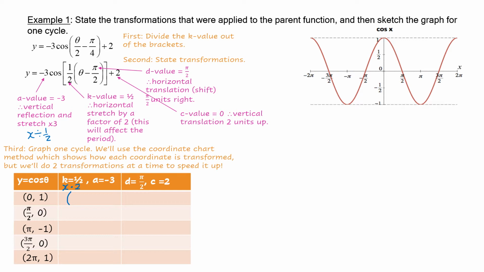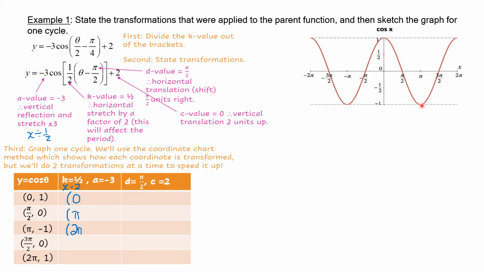If I had a 0, 0 times 2 is 0. My next one, pi over 2 times 2 is pi. So I'm just doing one part of the coordinate here. Now I'm doing pi times 2. That's going to get stretched out to 2 pi. So look up to the graph for a second here. Let's just talk about that one.